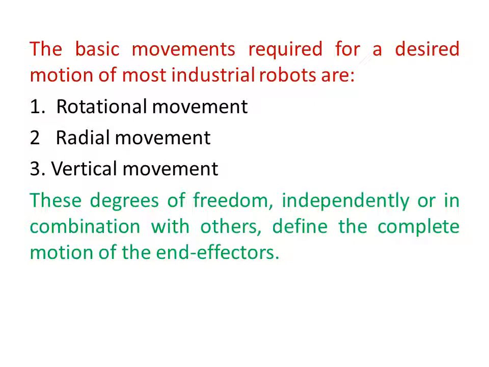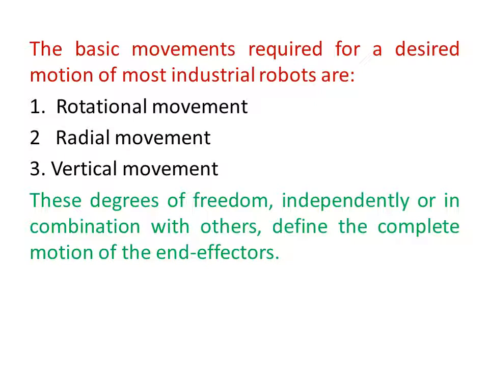The next motion is the radial movement. This motion enables the robot to move its end effector radially to reach a distant point. Here we are increasing the degrees of freedom. One is the rotational movement, and the second is the radial movement, where we can extend the mechanism just like your hand.